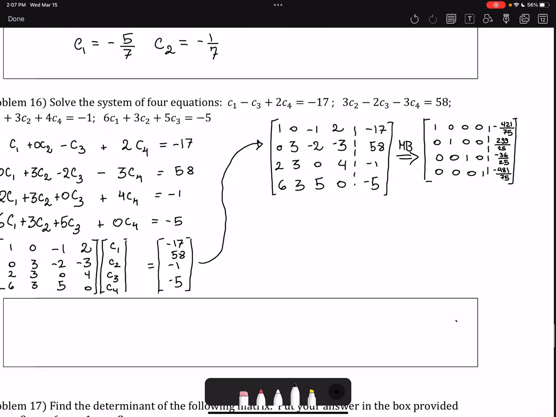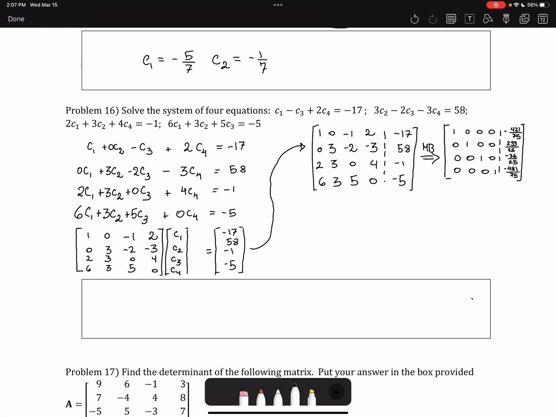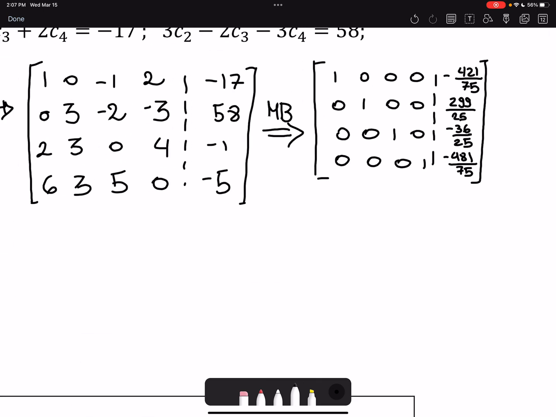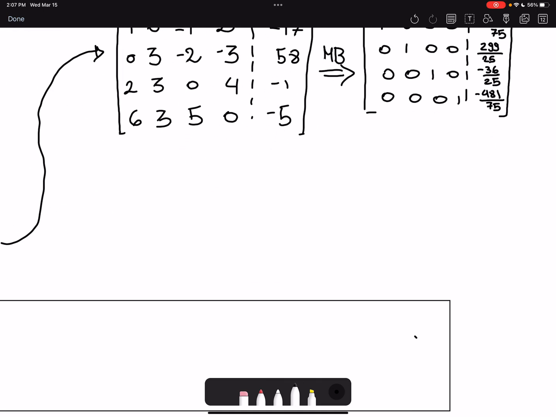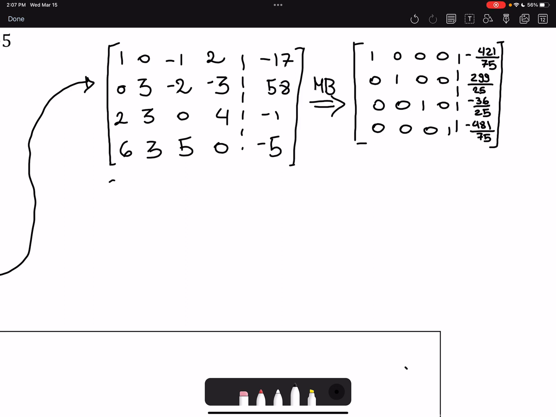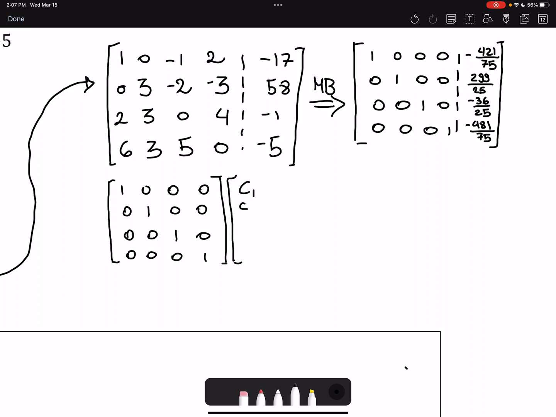Now, if I were to write it back as this, if you want to see the full step, you would have this matrix 1, 0, 0, 0, 0, 1, 0, 0, 0, 0, 1, 0, 0, 0, 0, 1. And then back you'd have C1, C2, C3, C4.